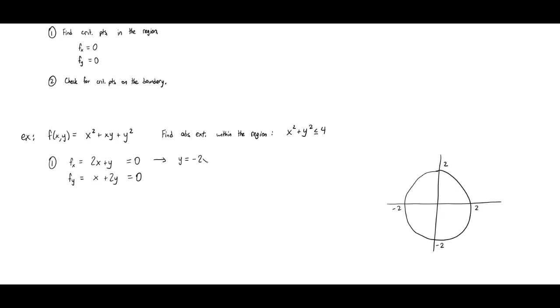So y is negative 2x. Sub it into the second equation. So replace y with negative 2x. So we'll get negative 3x equals 0. Therefore, x is 0, okay? And therefore, y is 0 as well. So (0, 0) is a critical point.